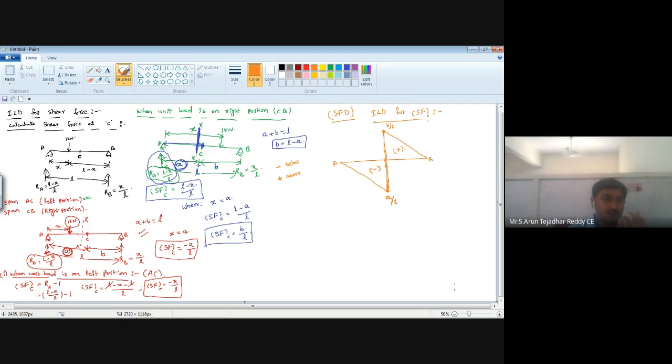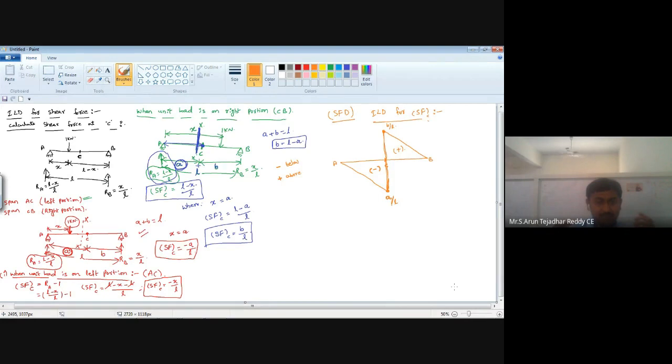So just mark one point in between A to C, then apply a 1 kilonewton load. After that, we have already calculated the reaction values RA, RB in the previous class. In this diagram we have two portions, left portion and right portion. First case, when the unit load is in the left portion, consider a section XX. Next, when the unit load is in the right portion, consider a section XX.